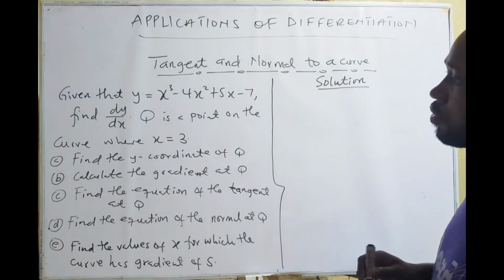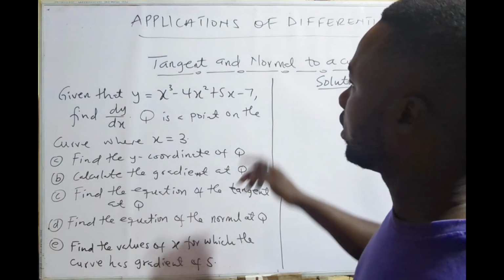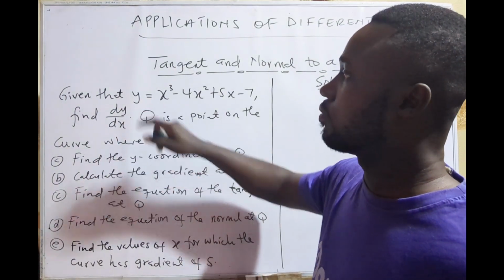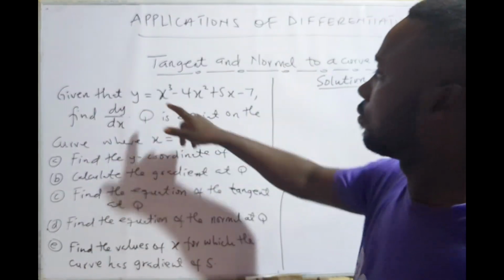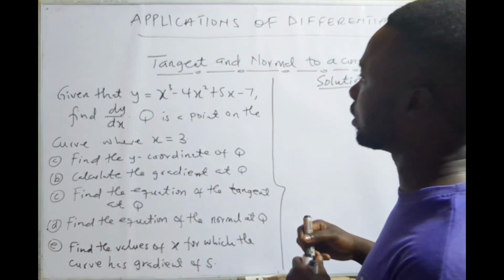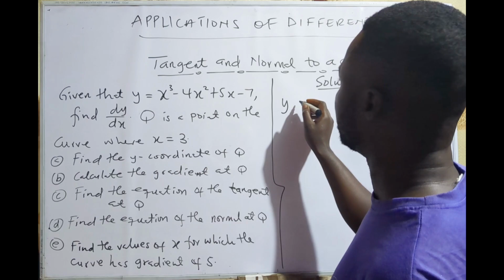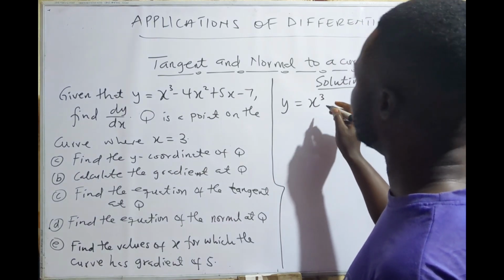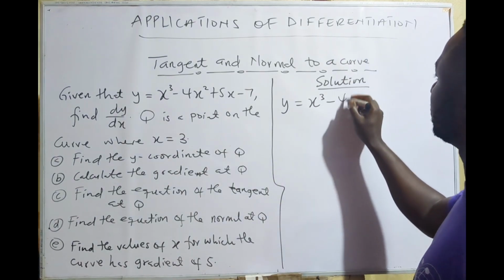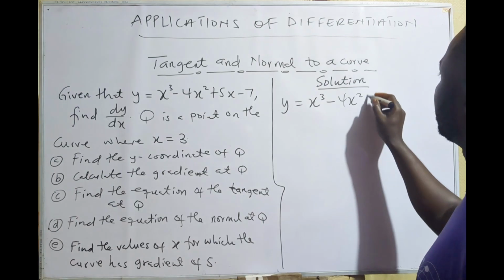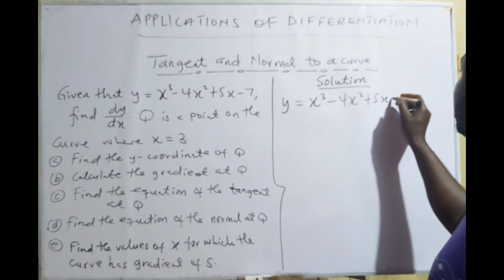Okay, so first of all, we have to find dy/dx, which is the gradient function of the curve y. So y is equal to x cubed minus 4x squared plus 5x minus 7.